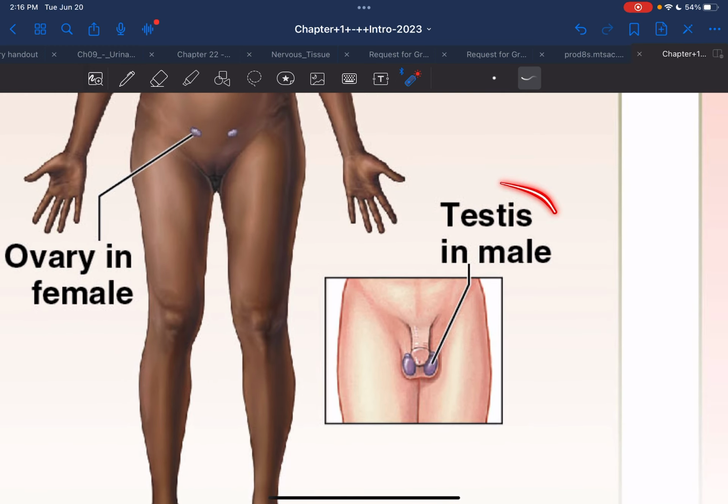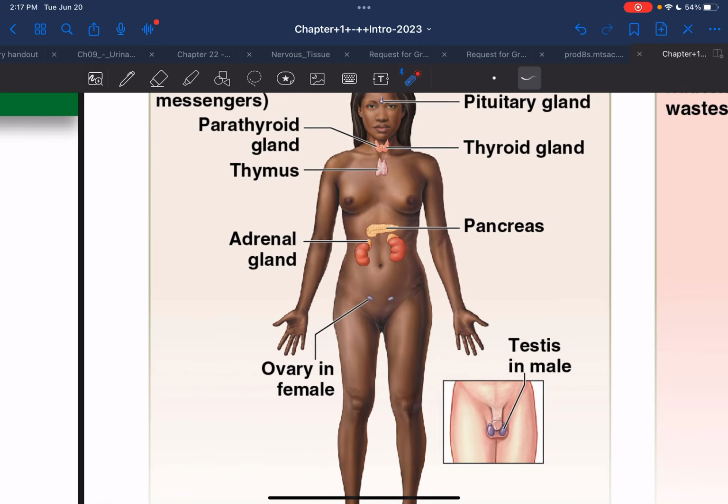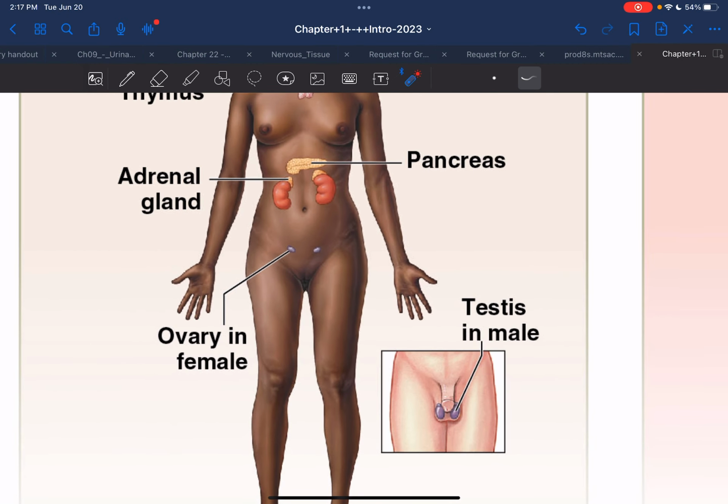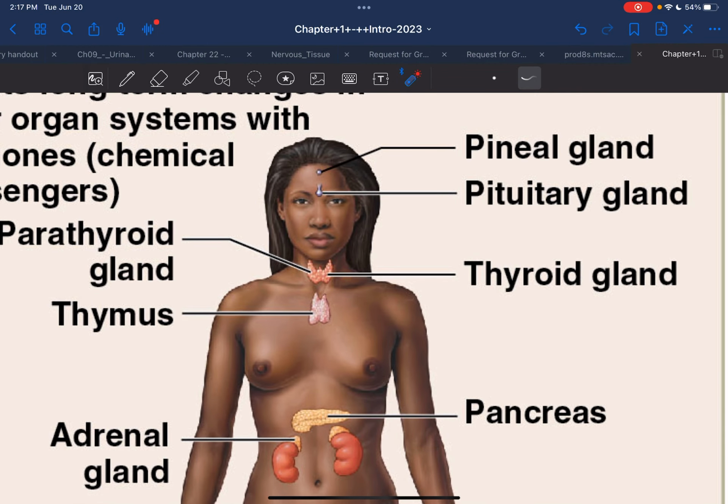The testes coordinate the production of sperm, and the endocrine system coordinates the release of hormones that will lead to ovulation, which will release the egg and make a female more fertile during a given time, so that there is a chance for a successful reproductive event. And so it coordinates it from the brain.